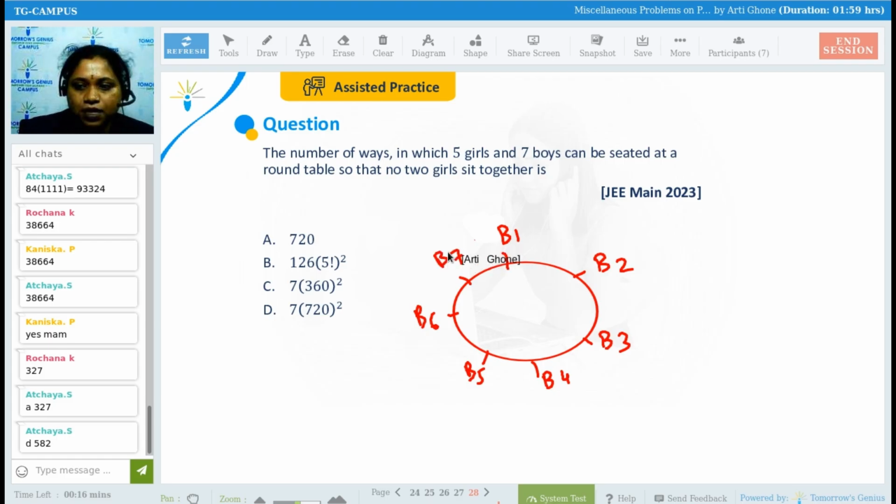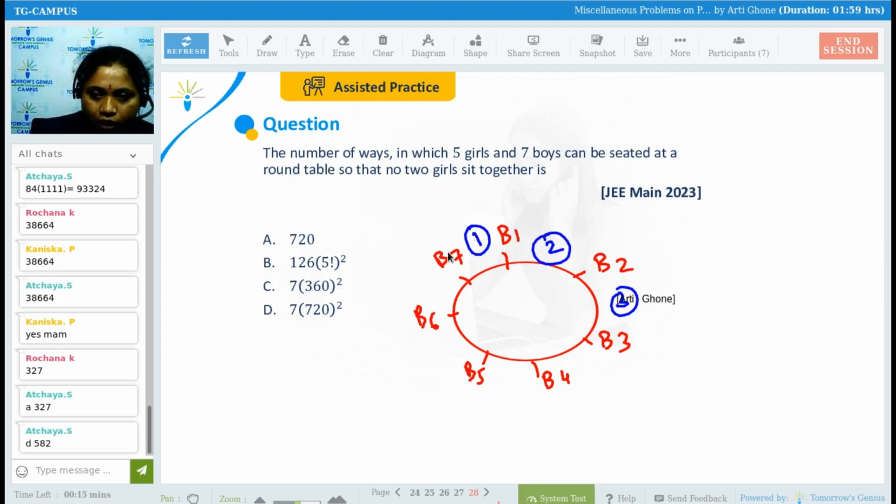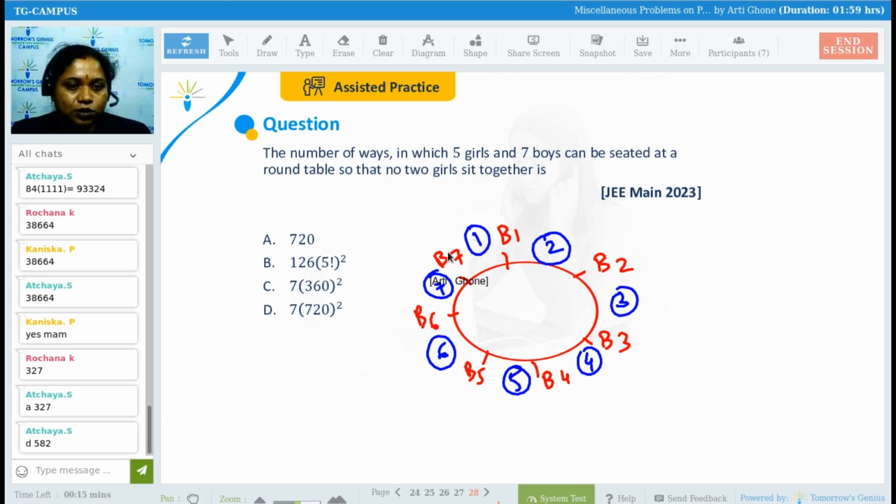Clear? So 7 boys are arranged. Now, how many gaps are created? 1, 2, 3, 4, 5, 6, and 7. Clear? So, if we make an arrangement of boys circularly, then there are fixed positions left for the girls.